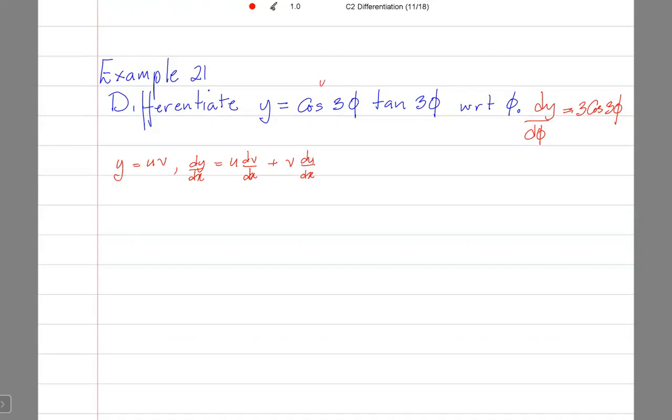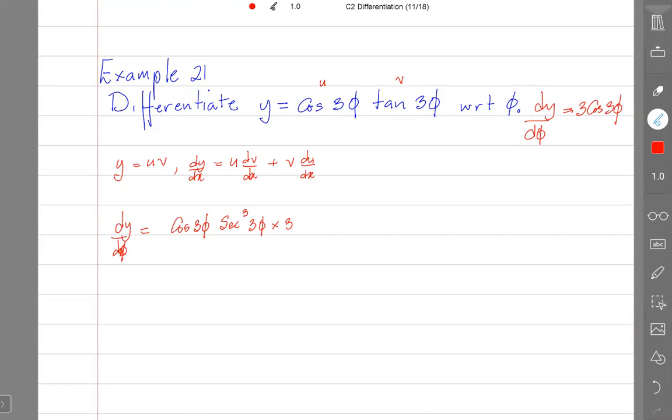So u is this and v is this. So dy by dx would be leave the first, which is cos 3 phi. Differentiate the second, and differentiate tan, you get sec squared 3 phi. But never forget that you must also multiply by the differential of the inside function. I'm sorry, this is not with respect to x, it is with respect to phi. So it's dy by d phi.